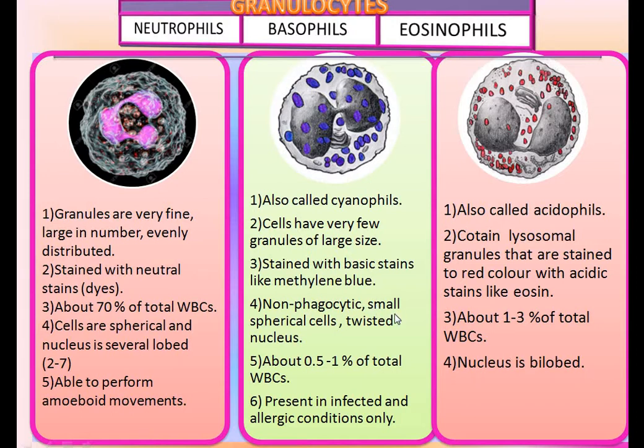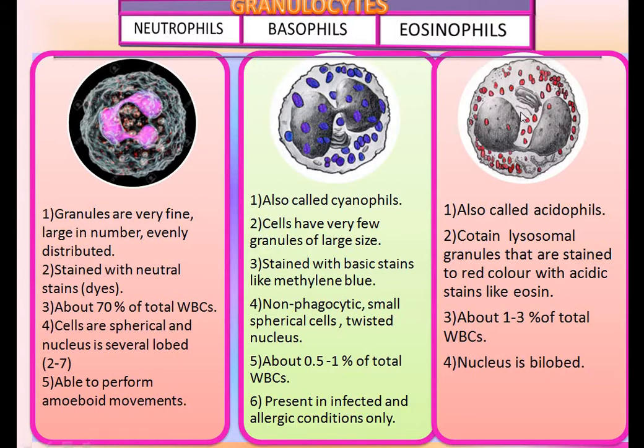They are small spherical cells with a twisted nucleus. This is the nucleus which is twisted. Basophils are about 0.5 to 1% of total WBCs. The basophils are present in which conditions? Infected and allergic conditions only.